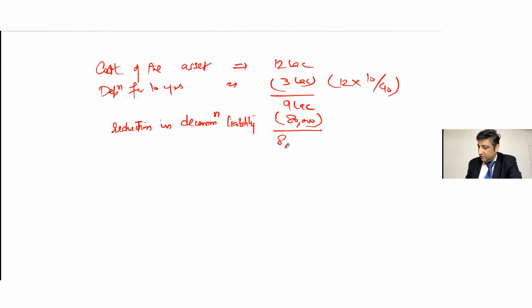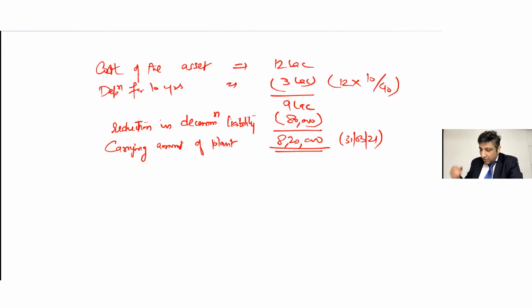That gives me the value of 8,20,000. Now this becomes essentially the carrying amount of the plant. This is the carrying value of the plant on 31st of March 21. And now and onward, on this value, I will be charging my depreciation.